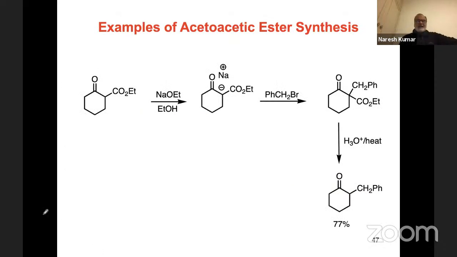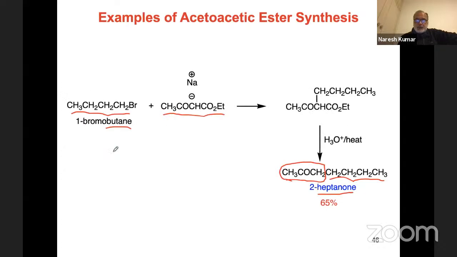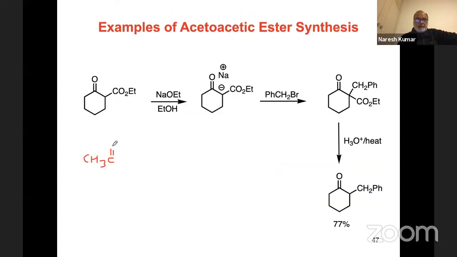And this acetoacetic ester doesn't have to be in an open chain form. So the acetoacetic ester we looked at so far has this structure. It was CH3, a C double bond O, and a CH2, and an ester over here. That was the starting compound we looked at in the last few slides.